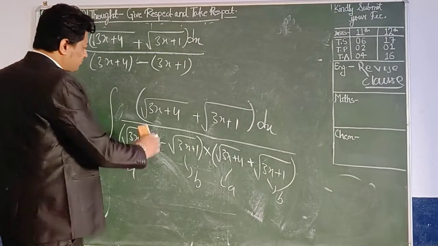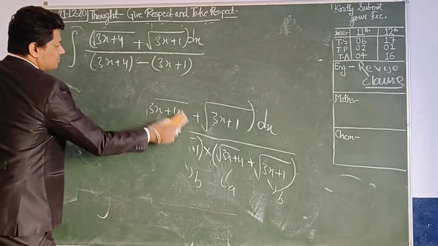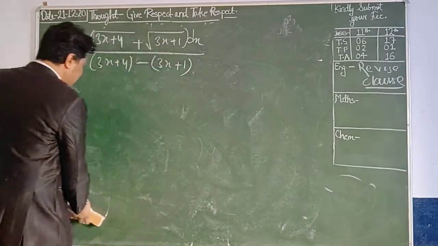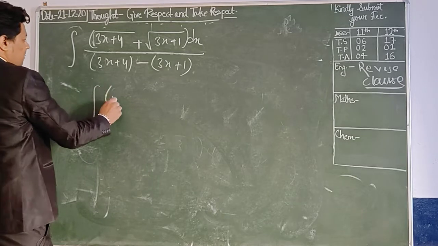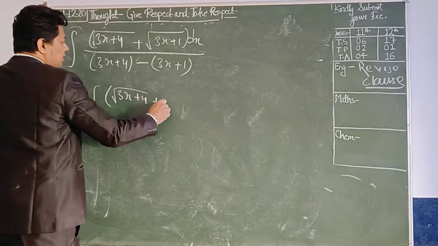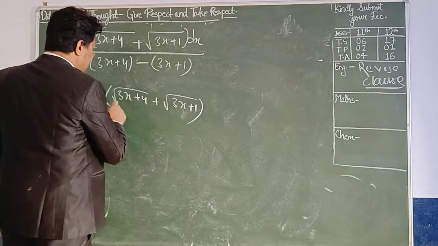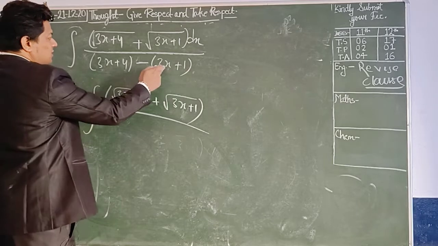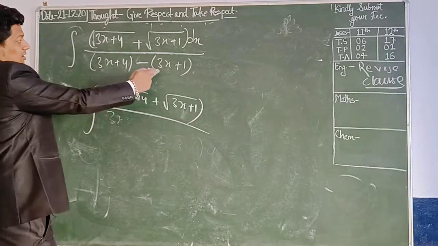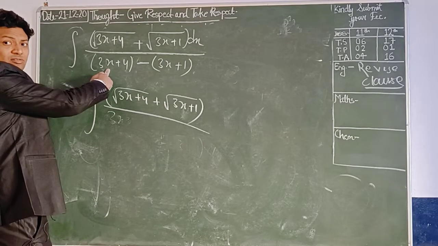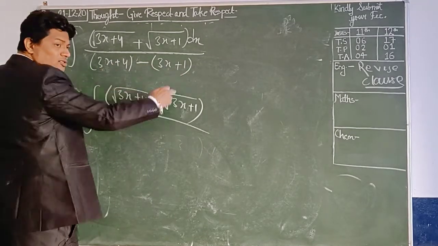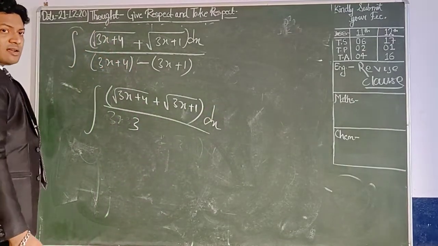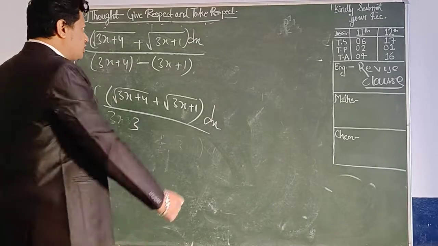So we have root 3x plus 4 plus root 3x plus 1 divided by 3x plus 4 minus (3x plus 1). Here the negative and this positive cancel out. 3x and 3x cancel out. 4 minus 1 is 3. So the denominator is 3. Is it clear? Now we have this kind of an integration.